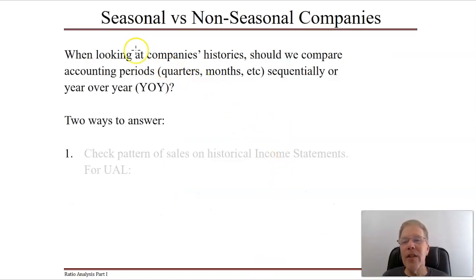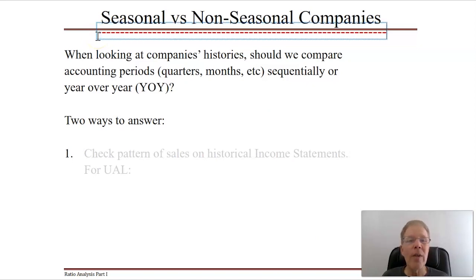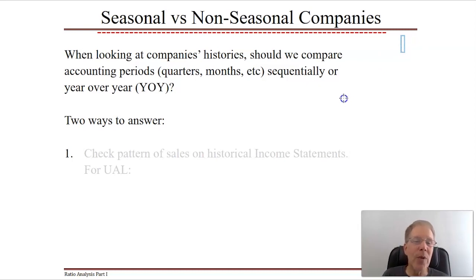All right, so now we need to think about, this is more broad than just the airline industry. When we're analyzing the financial performance and health of entities, we always need to think about, are they seasonal or are they not seasonal? And what do I mean by that? A seasonal company is a company that has a lot of sales in the fourth quarter, for example, and not so many sales, say, in the second quarter.